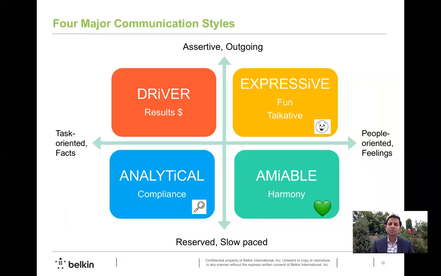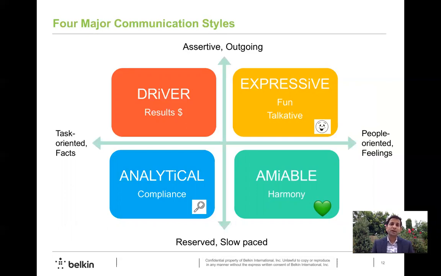The driver who is more task focused does it based on the facts they know. Doesn't mean they need every fact you give them. Once they have enough information, boom, they make a decision. Expressives also make decisions very quickly, but theirs are much more impulsive and intuitive.